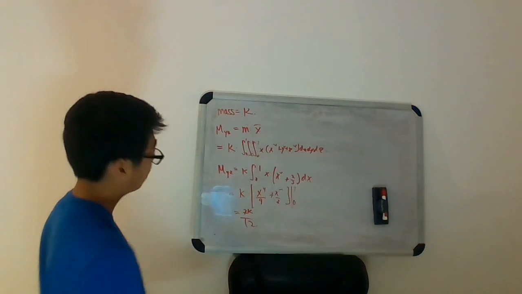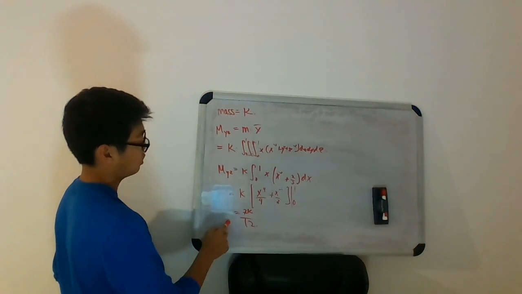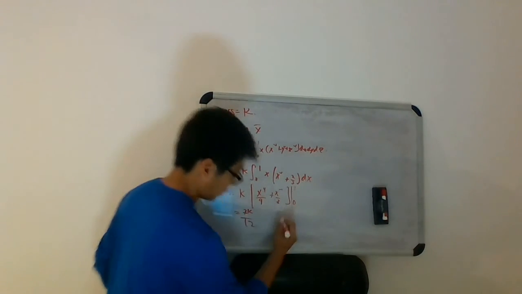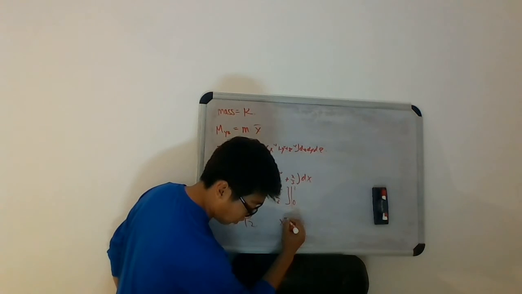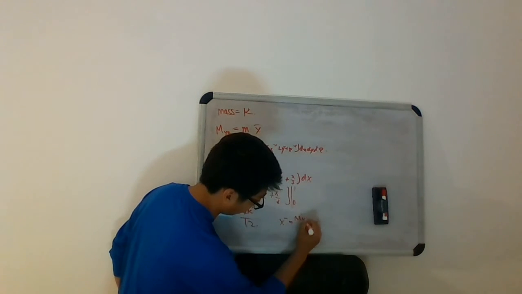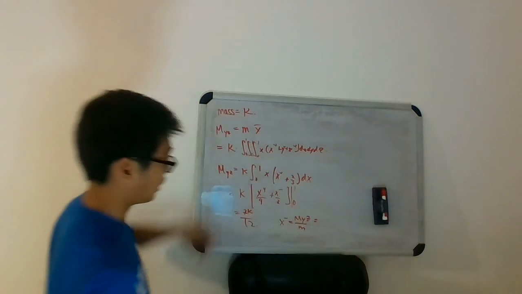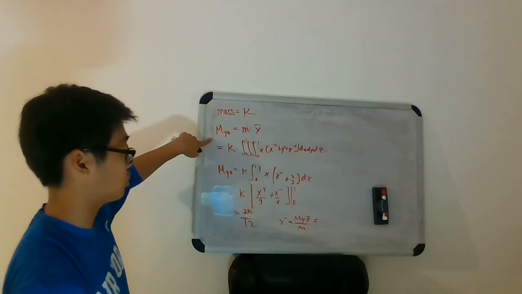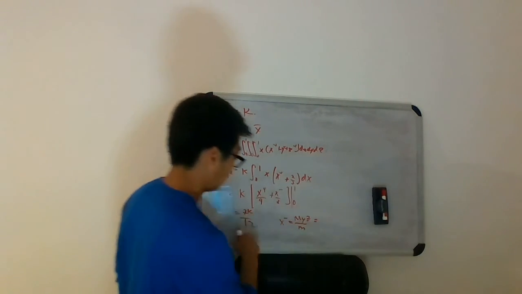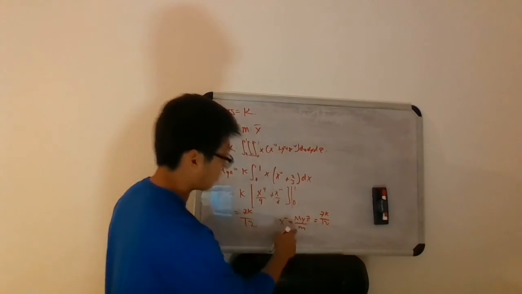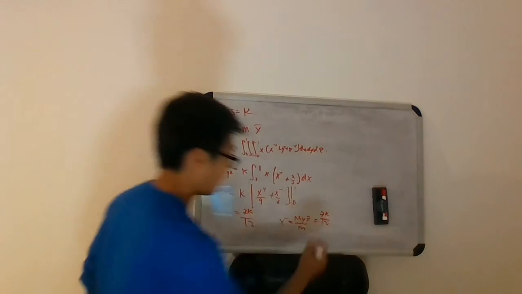Now, we're going to plug this back up here. Because x bar is equal to M_yz over the mass, we've determined that x bar is equal to 7k over 12 over the mass, which we found earlier, which is k.